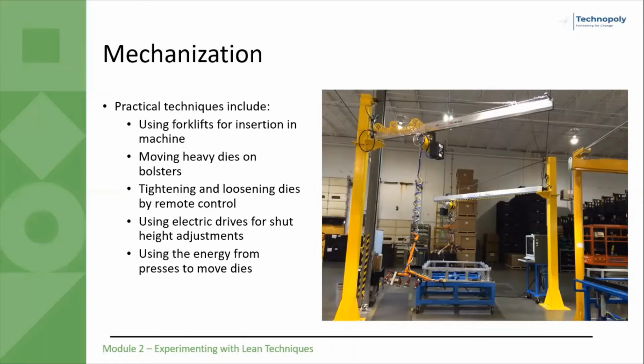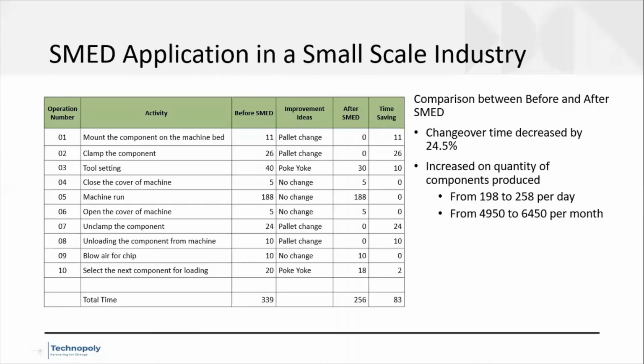Mechanization is usually essential for moving large press dies, die casting dies, and plastic molds. Some practical techniques include using forklifts for insertion in machines, moving heavy dies on bolsters, tightening and loosening dies by remote controls, using electric drives for shot height adjustments, and using the energy from presses to move dies.